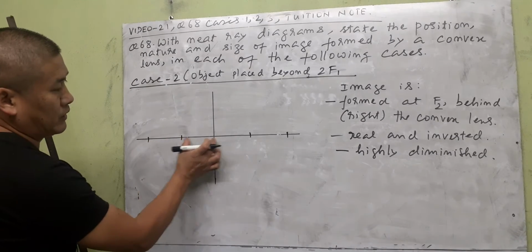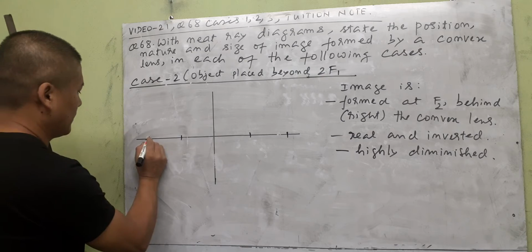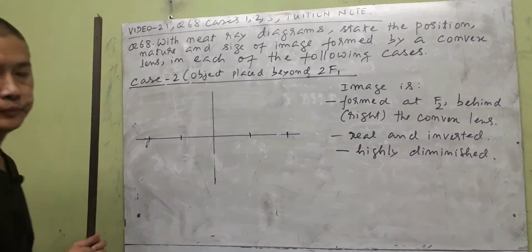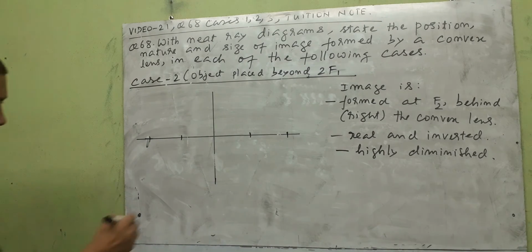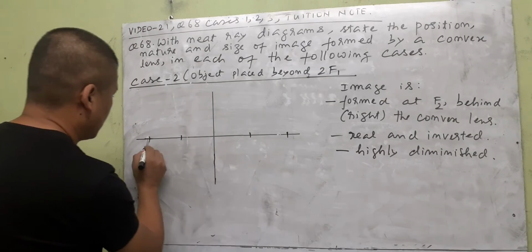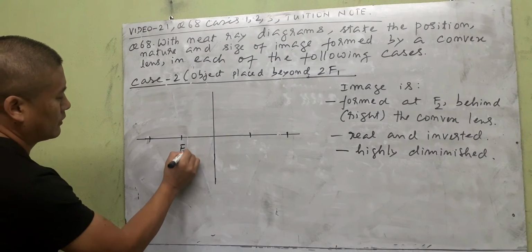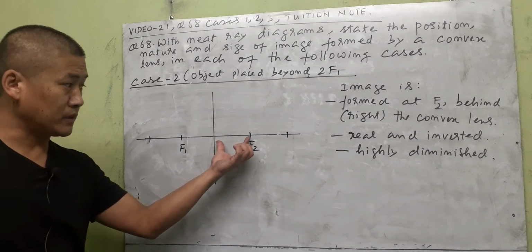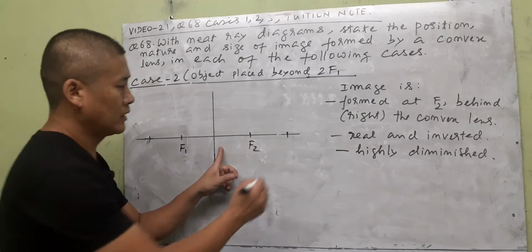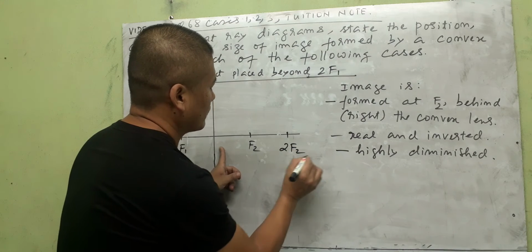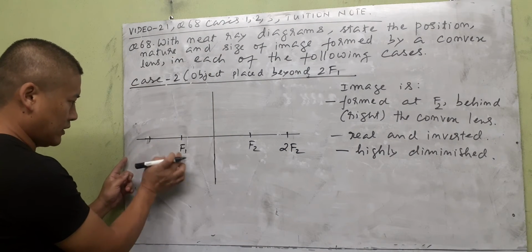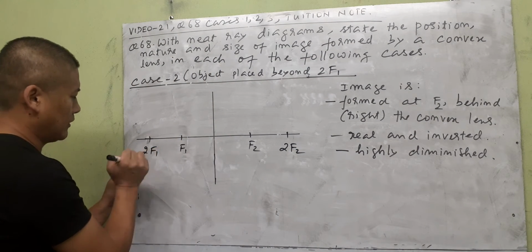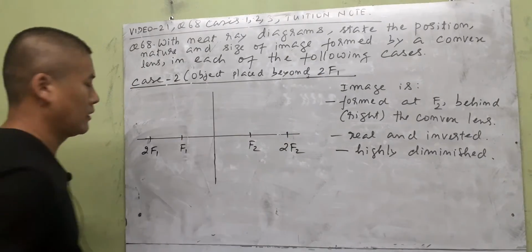These four should be equal, otherwise you won't get a good diagram. So 2, 2, 2. Do that first. And mark this side here F1, and here F2. Now this is 2 centimeters, and 2 means double, so this will be 2F2. This side 2 and 2, so this will be 2F1. That's what we mean by beyond 2F1.